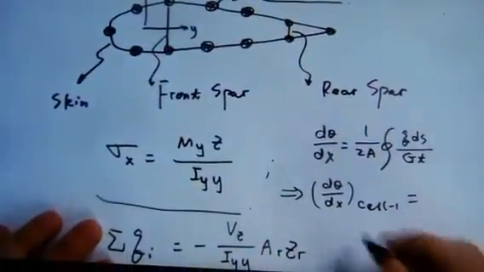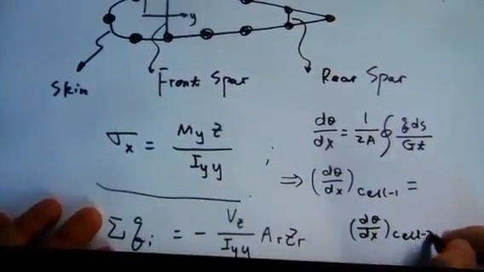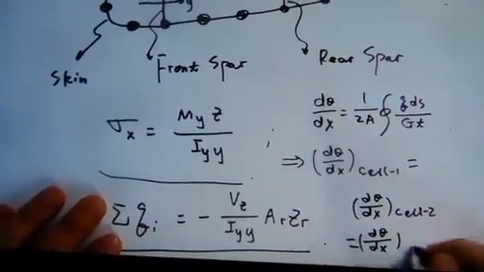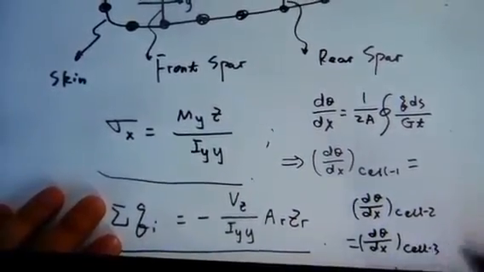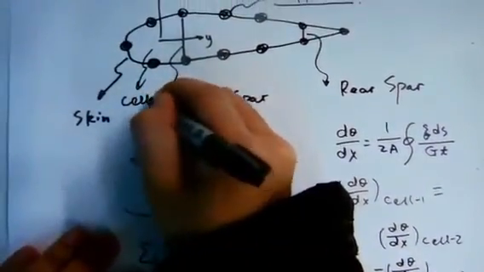That means dθ/dx of cell 1 equals dθ/dx of cell 2 equals dθ/dx of cell 3. This is defined as cell 1.